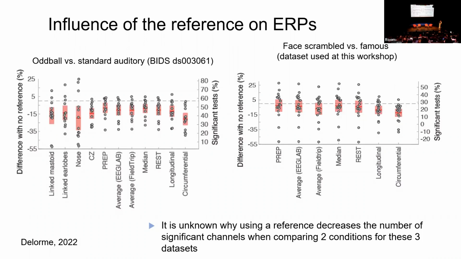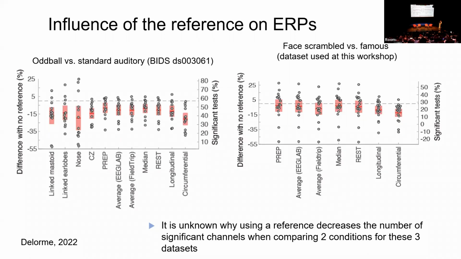Basically, the nose is kind of worse for the oddball data set here, which is probably also because the nose is inducing a lot of noise. But the other references pretty much all do similar, and they are compared to using no reference.